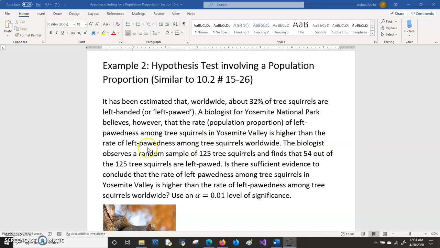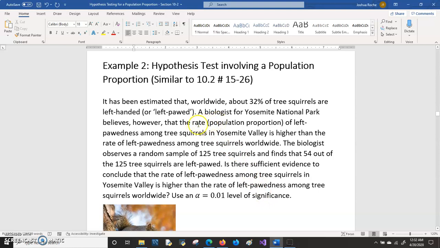The biologist observes a random sample of 125 tree squirrels and finds that 54 out of the 125 tree squirrels are left-pawed. Is there sufficient evidence to conclude that the rate of left-pawedness among tree squirrels in Yosemite Valley is higher than the rate of left-pawedness among tree squirrels worldwide, using alpha of 0.01 as your level of significance?